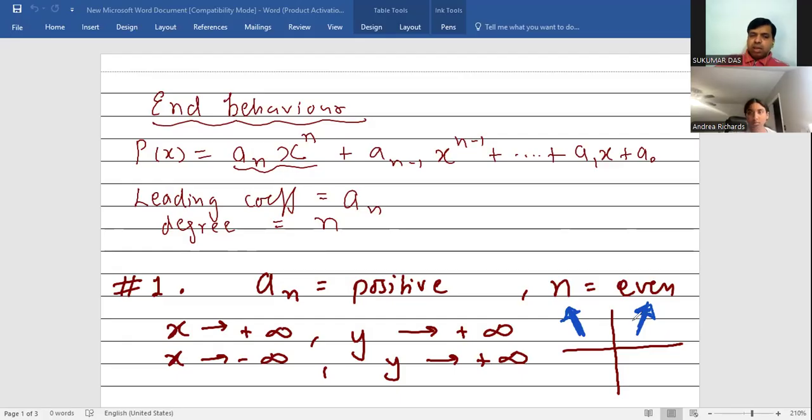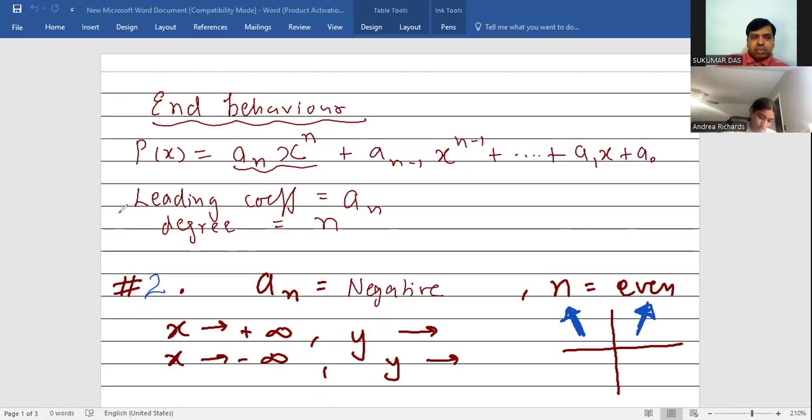Okay. Now we will look into scenario 2. So here a_n will be negative. That is, the leading coefficient is negative, whereas the degree is still even.